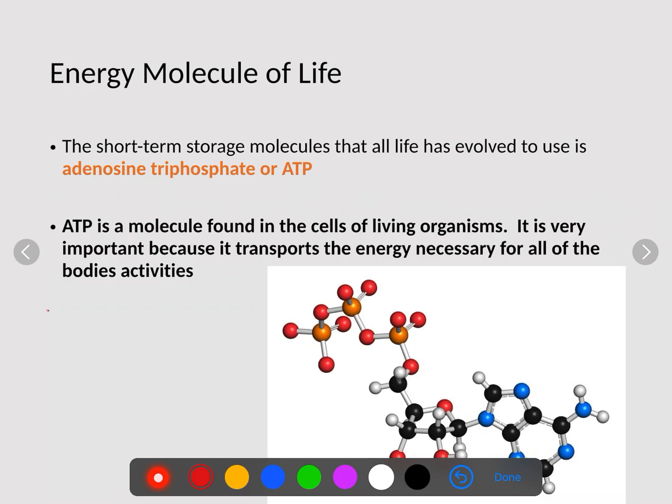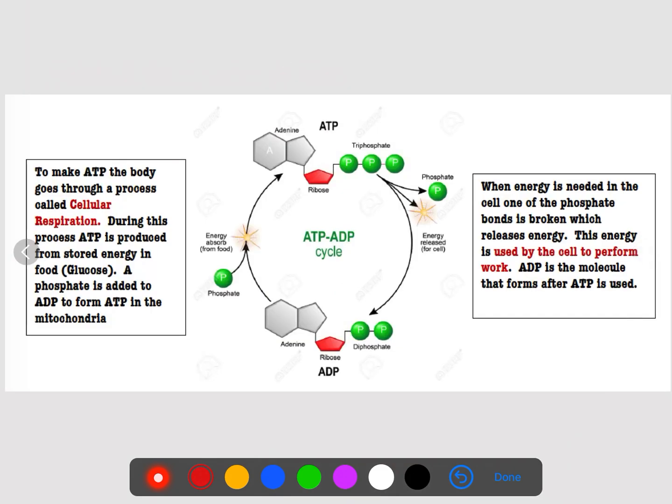ATP is responsible for providing energy, and that energy is used to power chemical reactions and to allow our body to move. So ATP is very, very important. Anytime you're doing any sort of work, digestion, growing and developing, anything like that requires ATP.